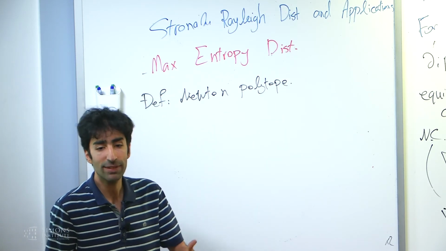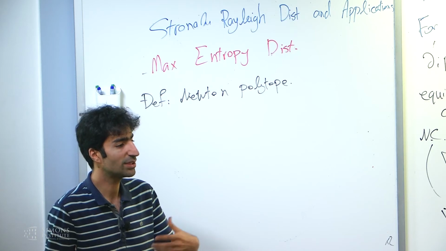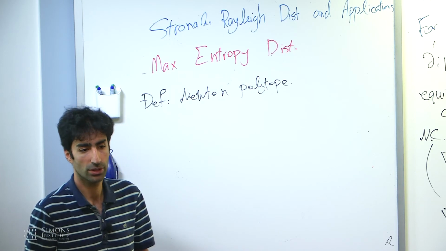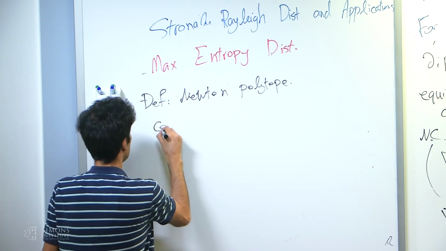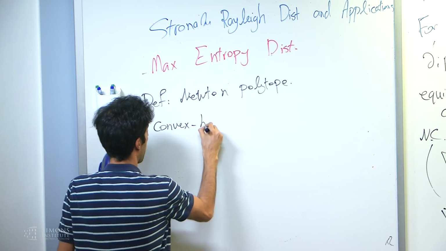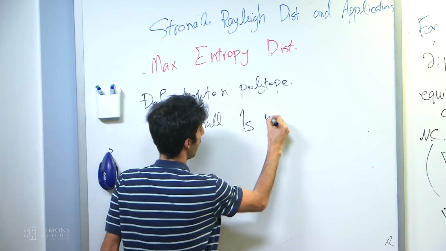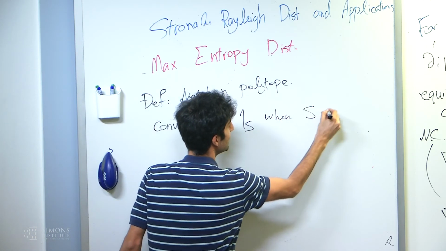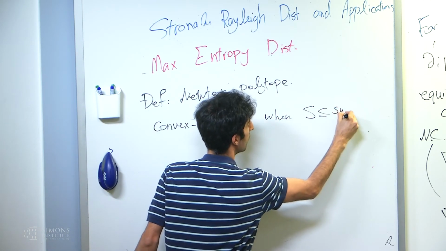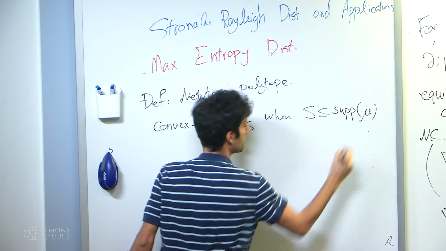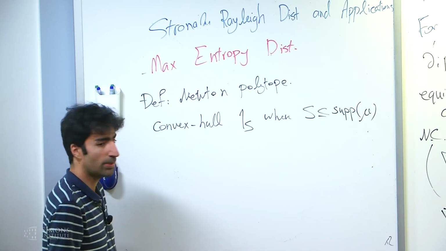So what is a Newton polytope? It's basically the convex hull of the indicator vectors of the support of a strong Rayleigh distribution. So it's the convex hull of all 1_S, where S is in the support of mu. That's called the Newton polytope.